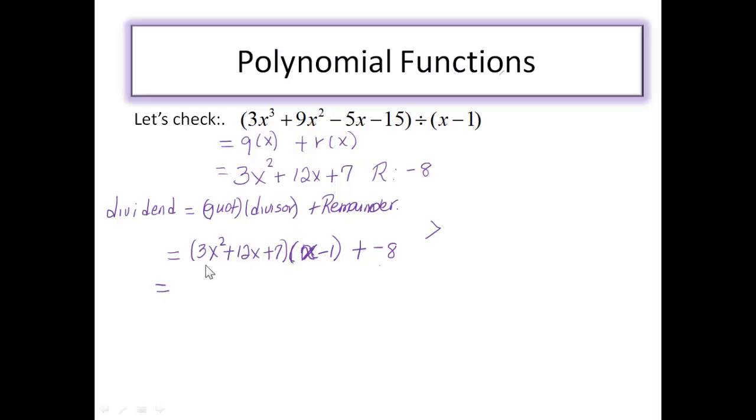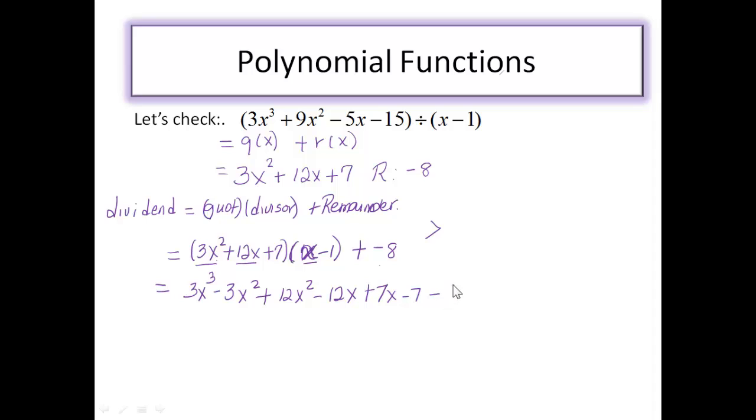So let's multiply each term. 3x squared times x gives you 3x cubed. 3x squared times negative 1 is negative 3x squared. Then we start with the other term. 12x times x gives you 12x squared. And 12x times negative 1 is negative 12x. 7 times x is 7x. And 7 times negative 1 is negative 7.